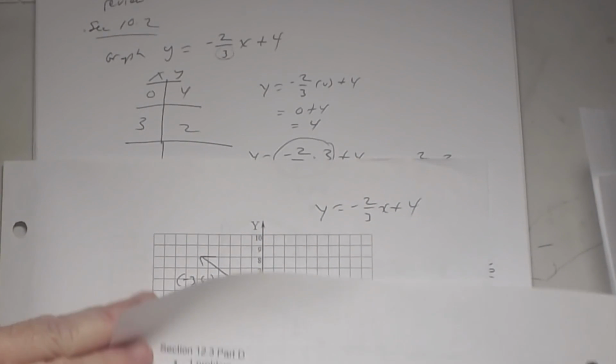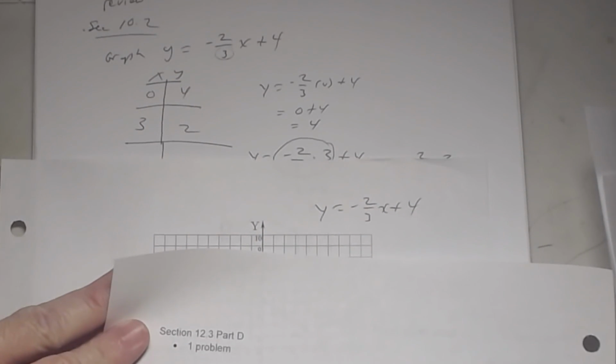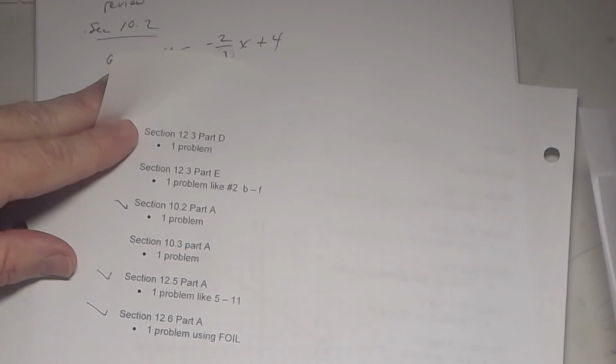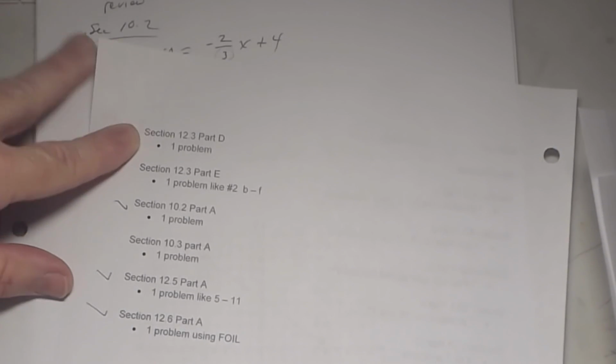All right, so one problem from 10.2. So that's a graph thing. We just talked about these two right here. All right. In 10.3, what was 10.3? Oh, okay. All right. So 10.3 is this.